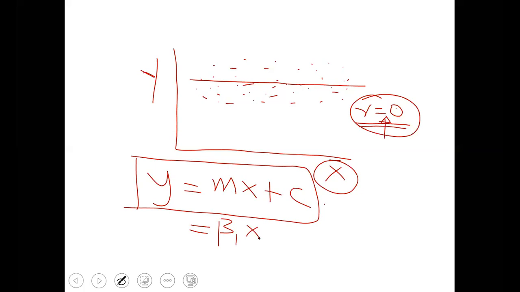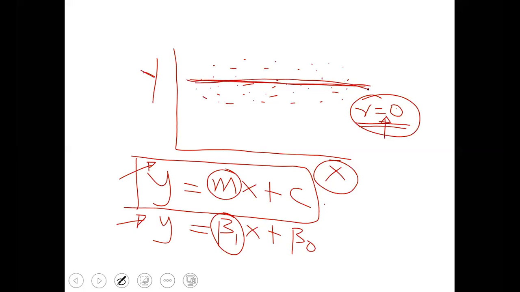Right, beta 1. Can you just have a look? Same thing. I'm writing it in statistical form. This is the mathematical formula, this is the statistical formula. Same thing, right? Here m is the slope, that is beta 1. What is the slope here? The slope is equal to 0.